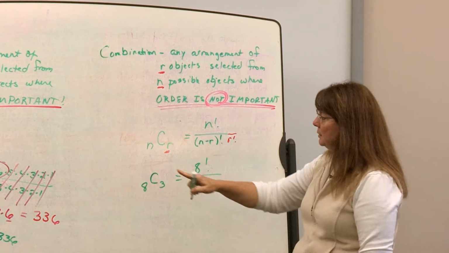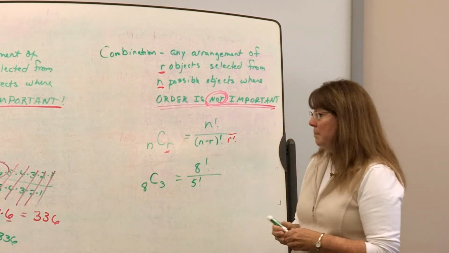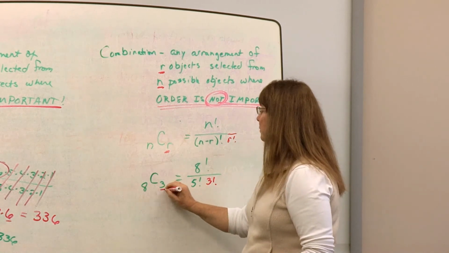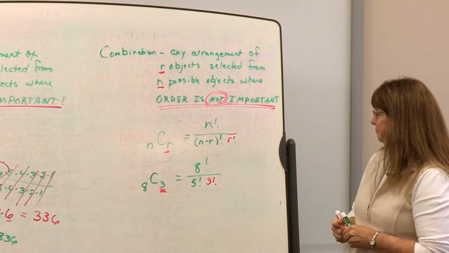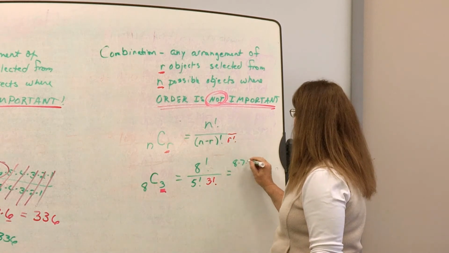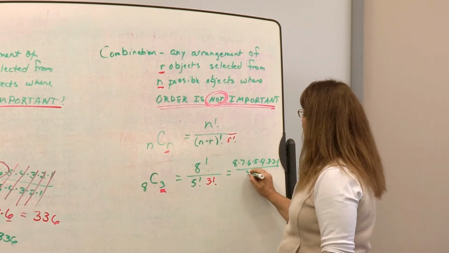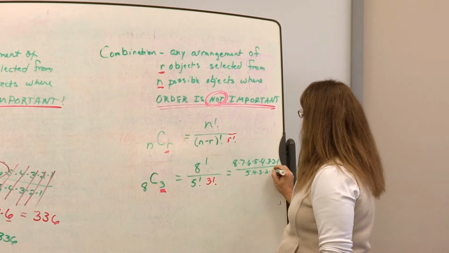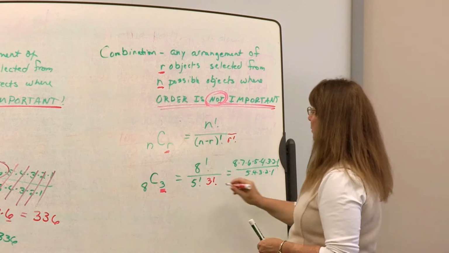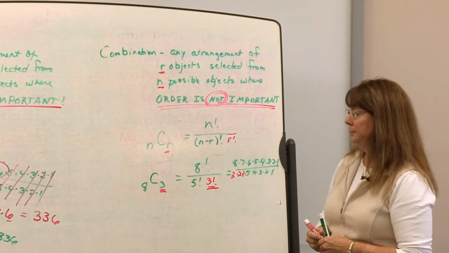So since the order isn't important, I'm going to start off just like I did with the permutation. I've got 8 minus 3 or 5 factorial on the bottom. But here's the new part. I now am also going to have a 3 factorial down there because that's my value for r. So when we multiply 8 factorial and the 5 factorial, those are all going to cancel out, but I also have a 3 factorial that's different. 3 times 2 times 1 that I didn't have before.